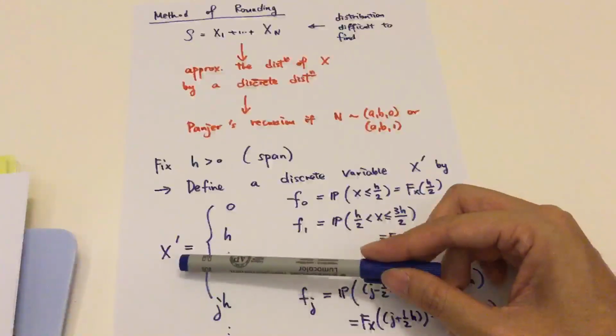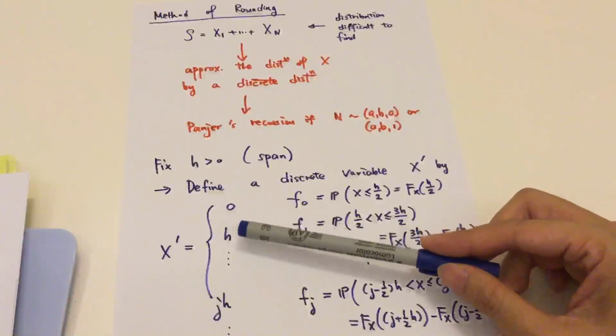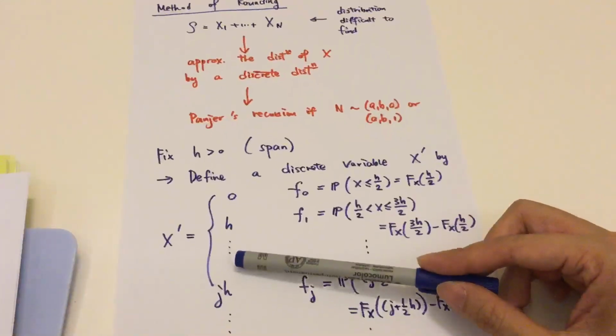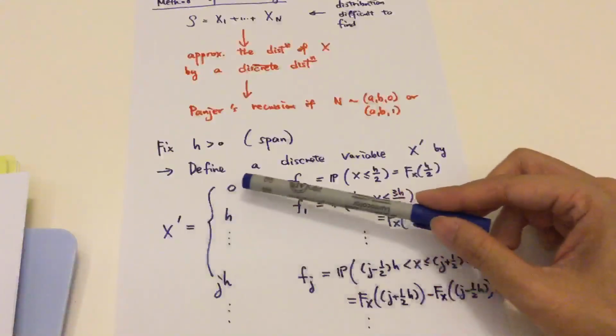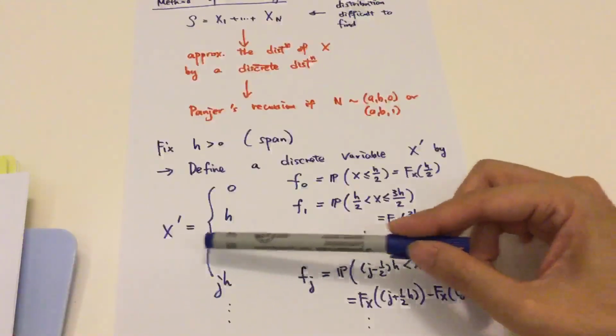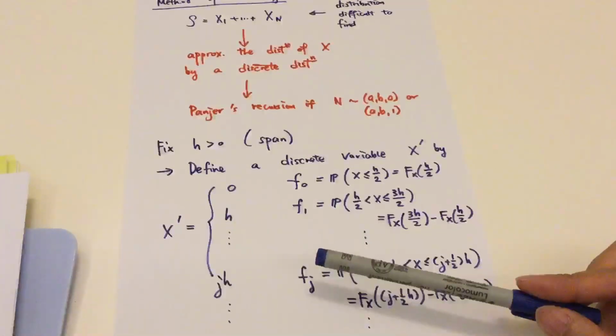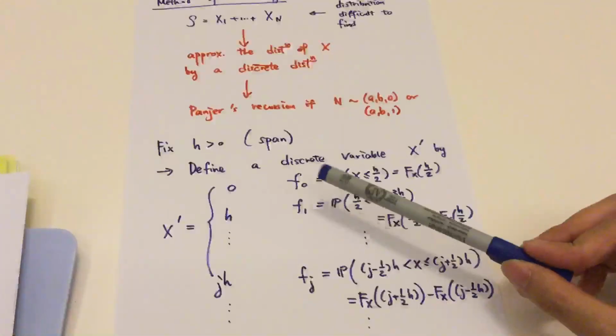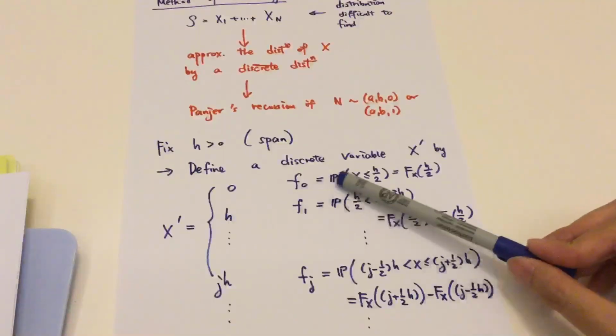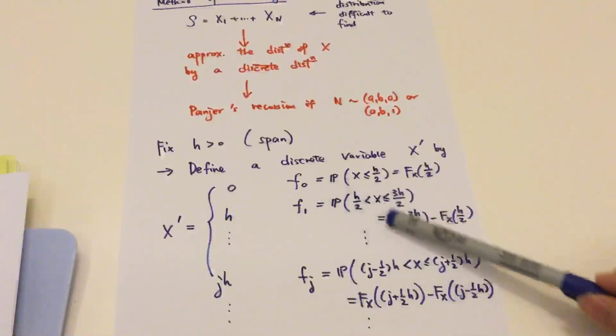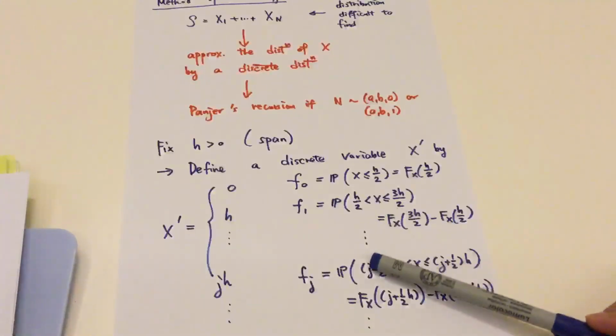First of all, X prime equals 0, h, 2h, 3h, and so on. So X prime is a multiple of h, and X prime is a discrete variable. The probability mass of X prime can be obtained from this formula. Essentially, we are doing rounding.